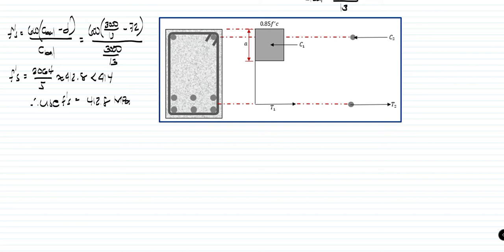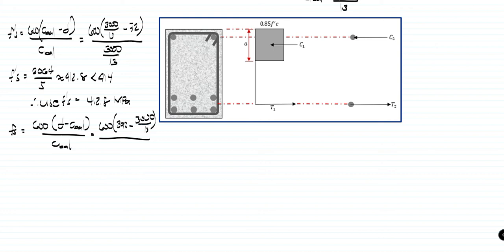Next, the Fy or the Fs naturally. So that is Fs is equal to 600 times (d minus c balance) over c balance. So that will be 600 times (the d is 390 minus our c balance, which is 3,000 over 13) divided by 3,000 over 13.